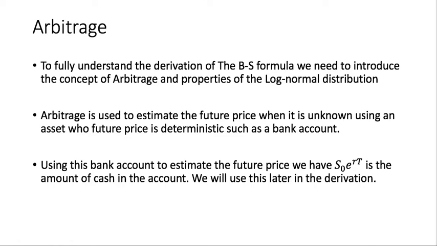Using a bank account example, we can figure out the future price of the amount of money in that bank account, which is just the initial price times e to the interest rate times time. It's basic continuously compounded interest. So we'll use this later in the derivation.